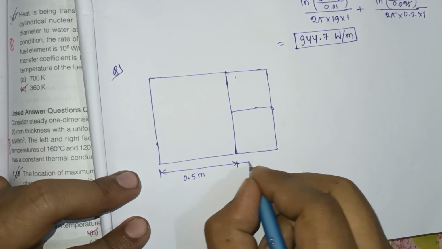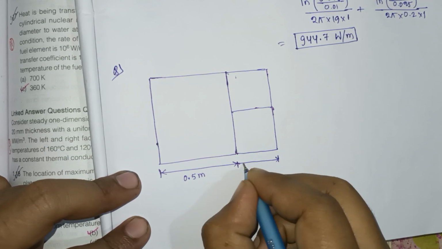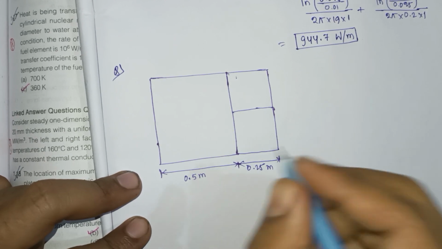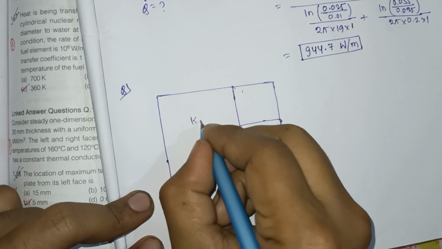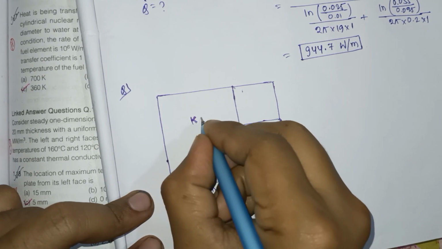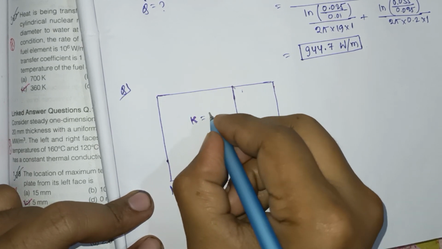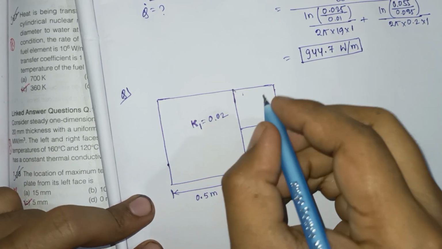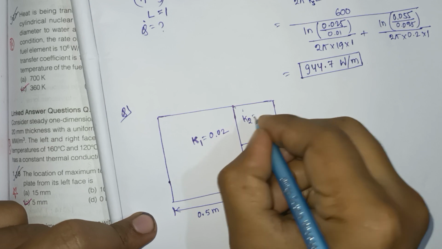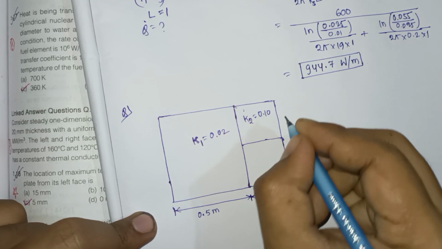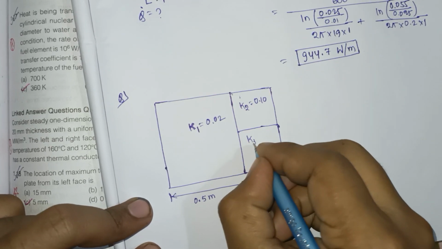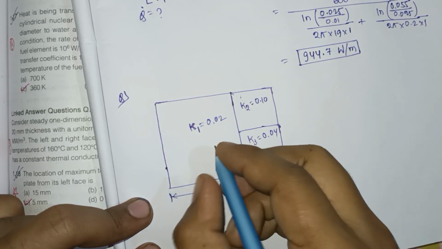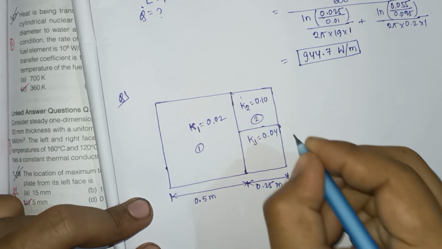So this length is 0.25 meter. So here K, suppose this is K1, equal to 0.02, K2 equal to 0.10, and K3 equal to 0.04. This is slab number 1, this is slab number 2, this is 3.